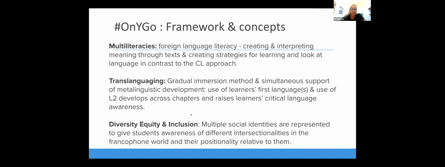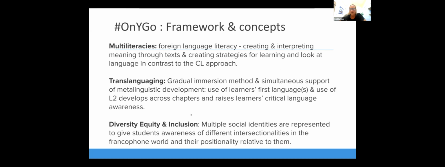We also use a translanguaging concept, which is a gradual immersion method and a simultaneous support of metalinguistic development. So we do use the learner's first language and also use the second language to develop across chapters, and this raises the learner's critical language awareness.